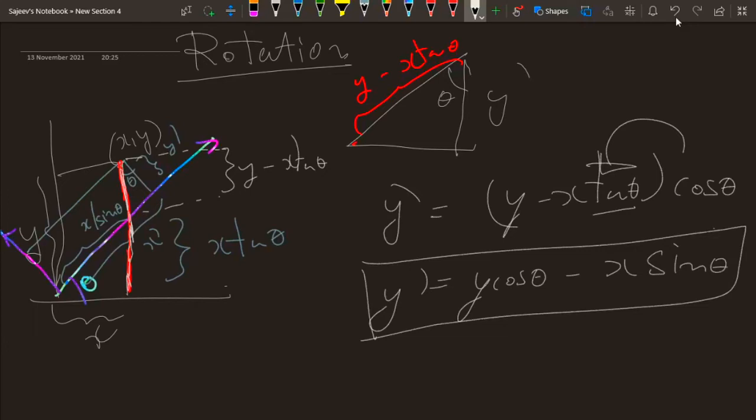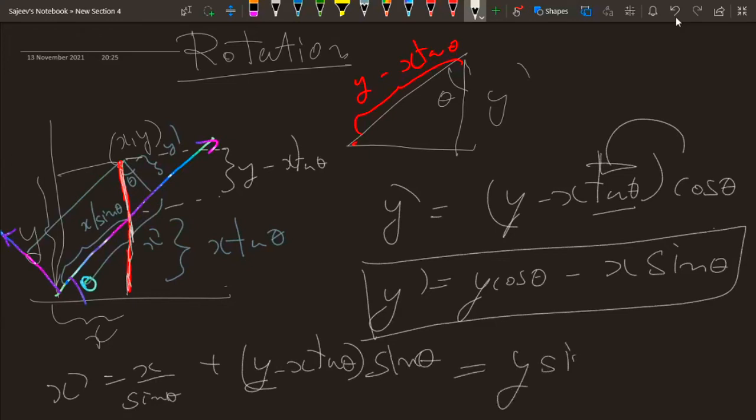Now we just care about the y component, but for the sake of completeness, let us find the x component, right? So what is the x component? It will be x by sin theta, which we have already found from our previous discussion, plus we have y minus x tan theta into sin theta. Now this will ultimately simplify to y sin theta minus x cos theta.